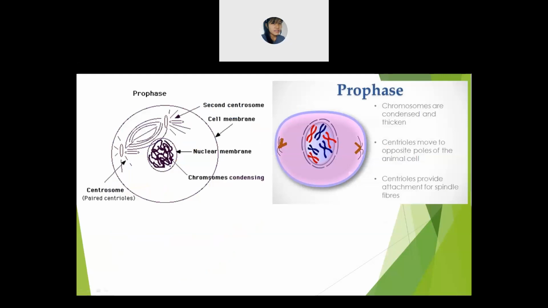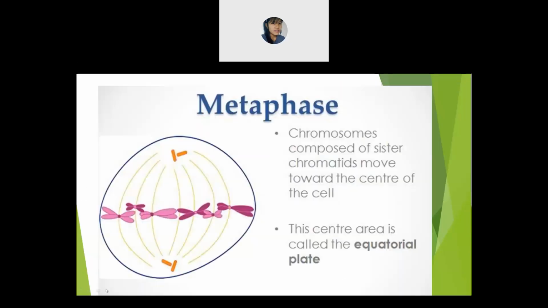But in this next phase, the metaphase, all the chromosomes will meet in the center. This center is known as the equatorial plate. Did you understand, everyone?